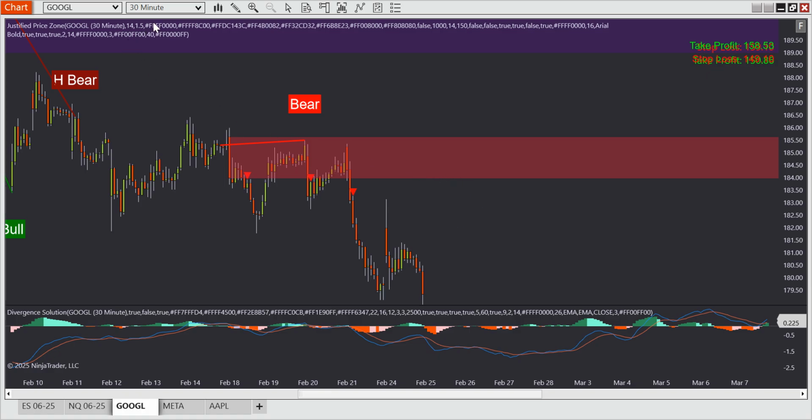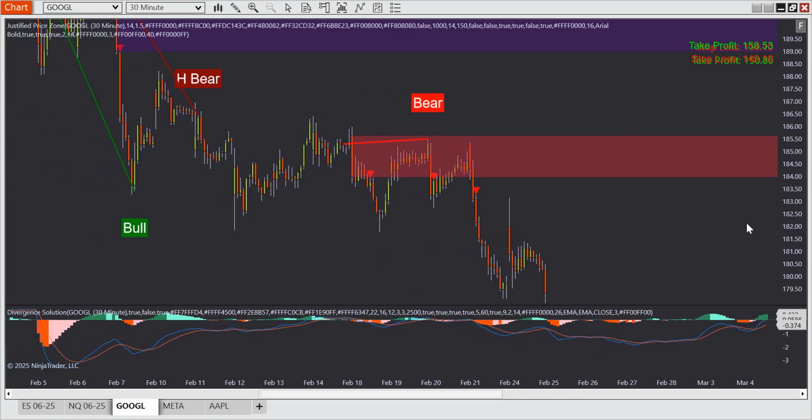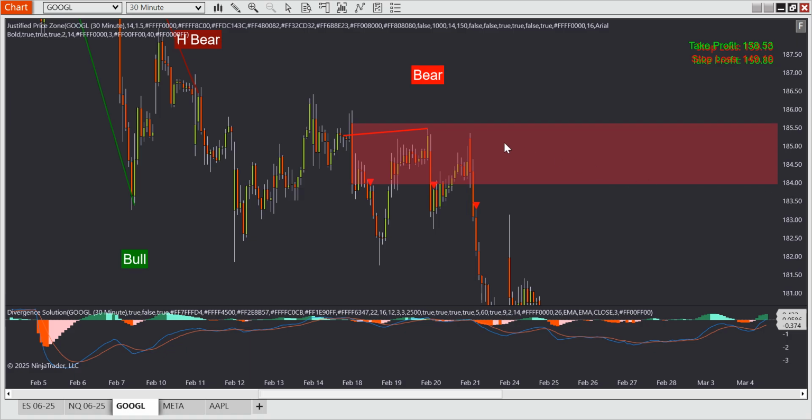Now here on the Google 30-minute chart, there are different types of divergences where you won't see the higher high taken. In this example, a great indicator to add, to find zones with besides just the fibs, is the Justified Price Zone indicator, also by Indicator Vault.